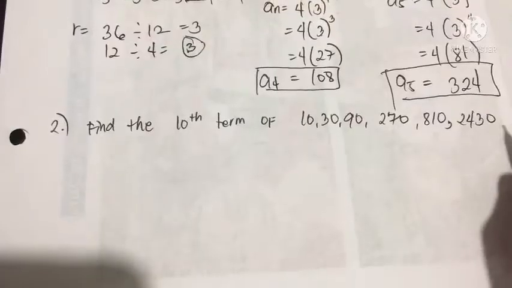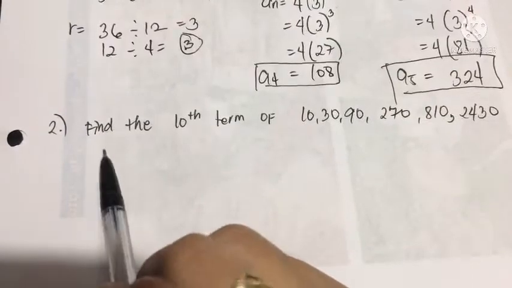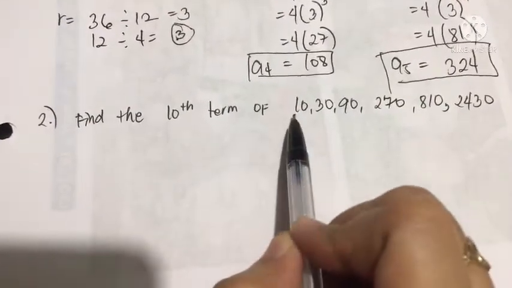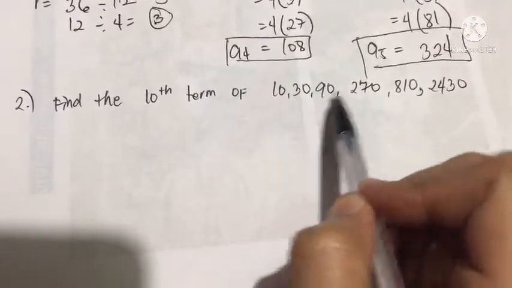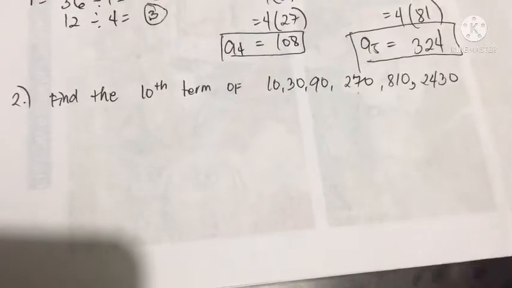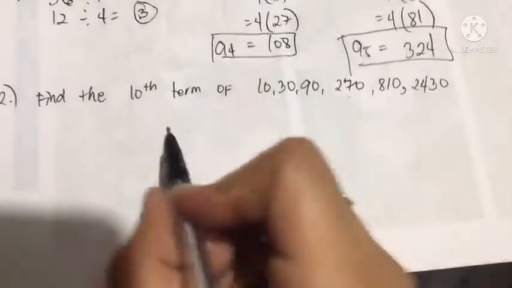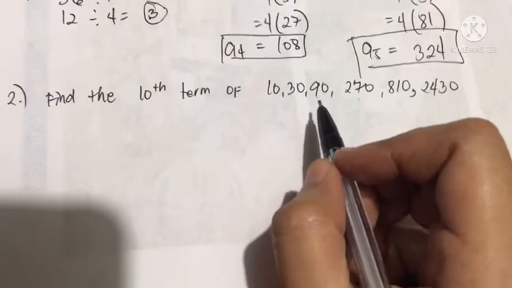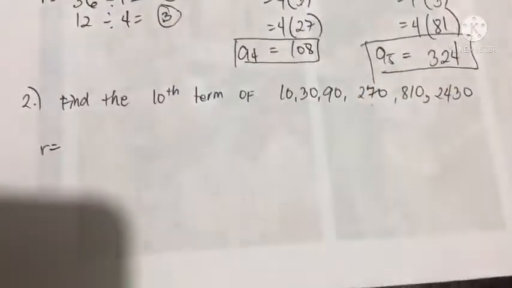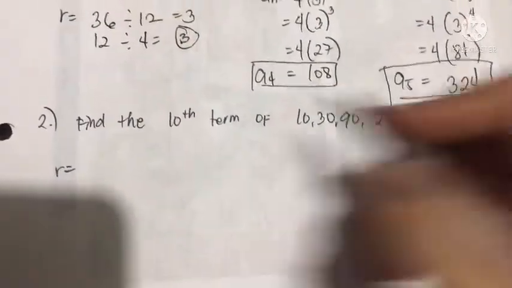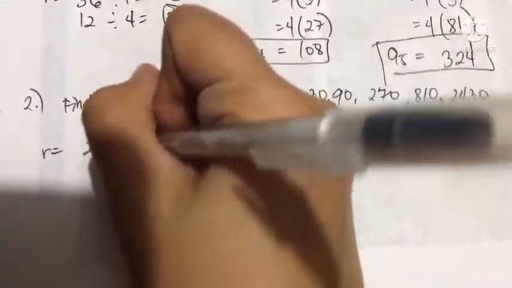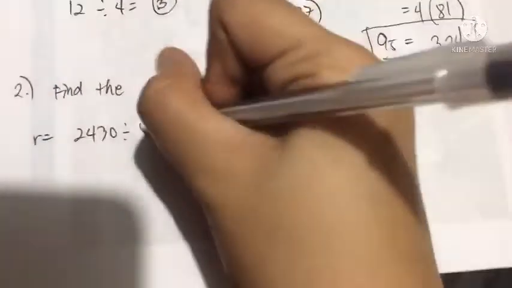Okay? So, next example tayo, number 2. Find the 10th term of the sequence 10, 30, 90, 270, 810, 2,430. So, again, hahanapin muna natin is the common ratio. Ang common ratio natin, so, 2,430 divided by 810.